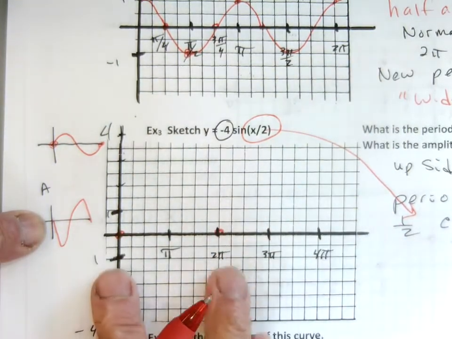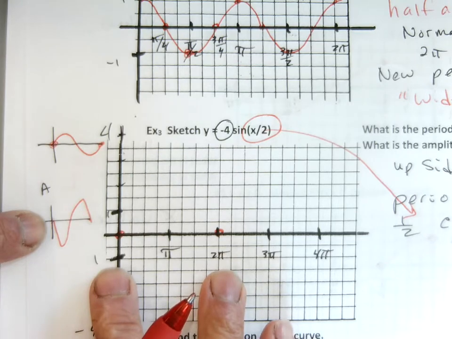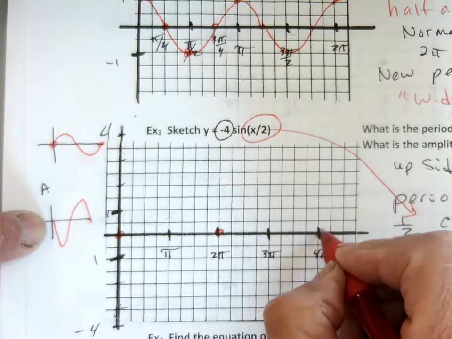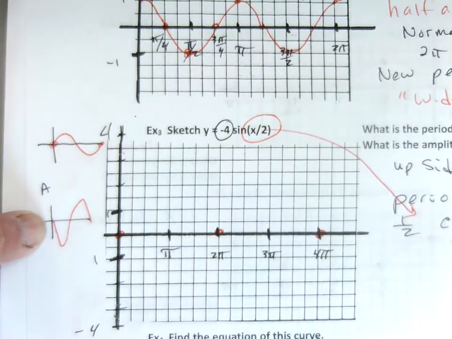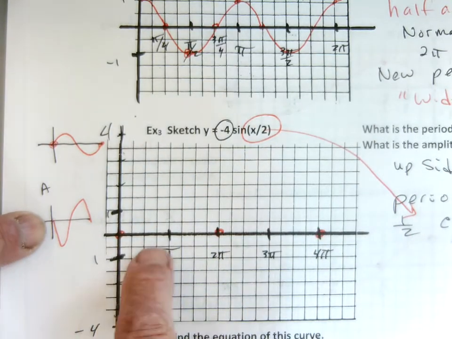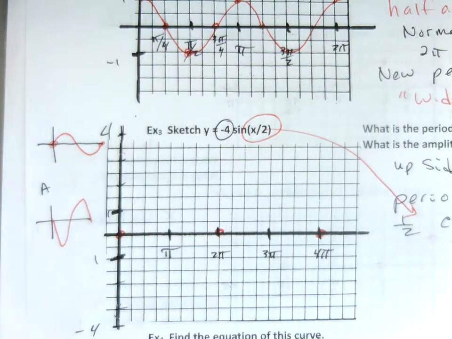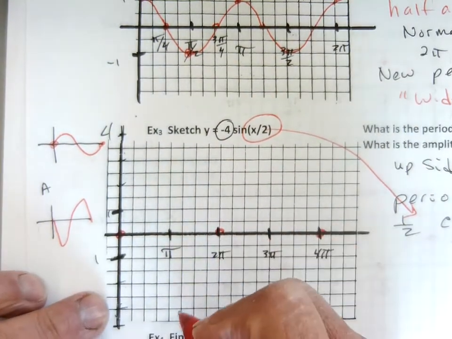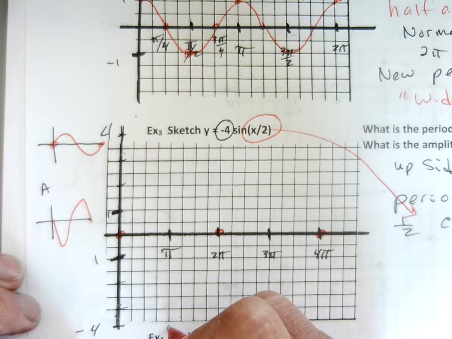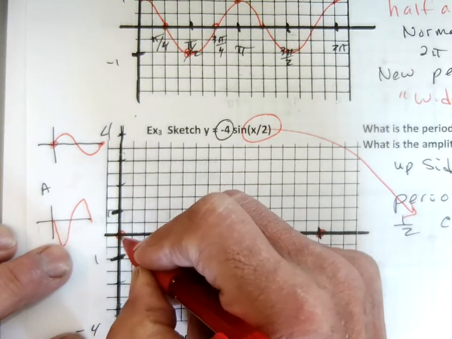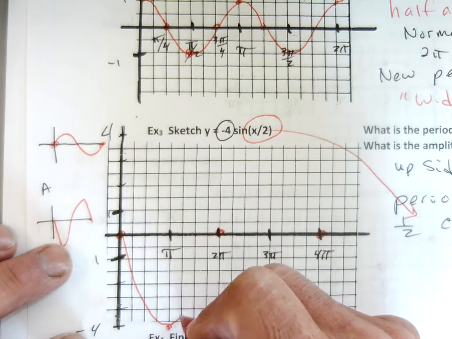But between 2 pi, but really that's only going to be half the curve, so it's really going to end way over here, okay? To have half a curve, it's going to go from 0 to 4 pi. It's going to have a minimum here upside down, so my curve is going to look like this.